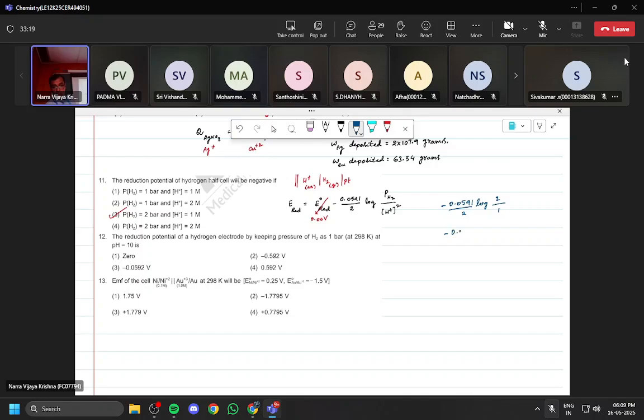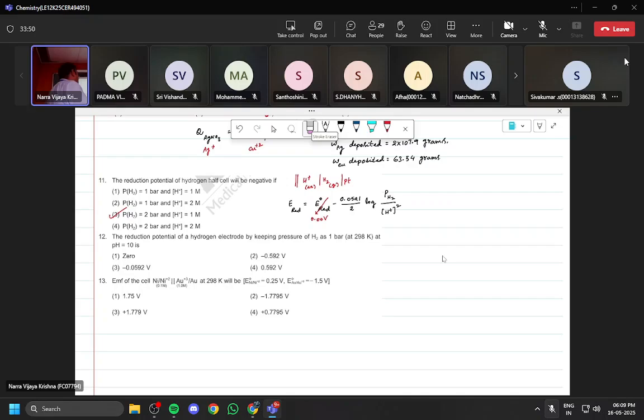So minus 0.0591 by 2 into log 2. Log 2 is 0.3010. Now tell me whether this value is positive or negative. This total value. Negative only, right? So they want the reduction potential value negative. Yes, negative only. In the remaining cases, in one case you are getting 0, in other cases you are getting positive. Clear?